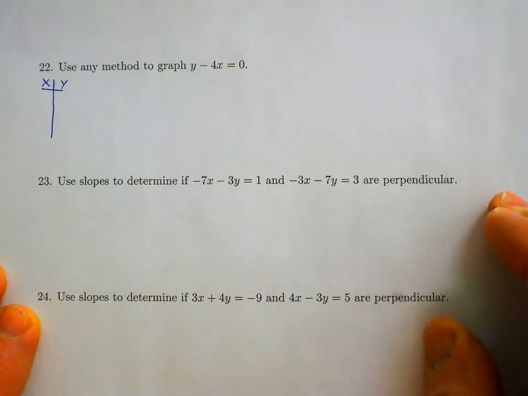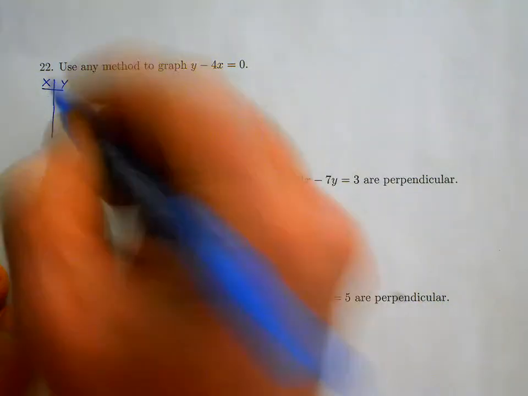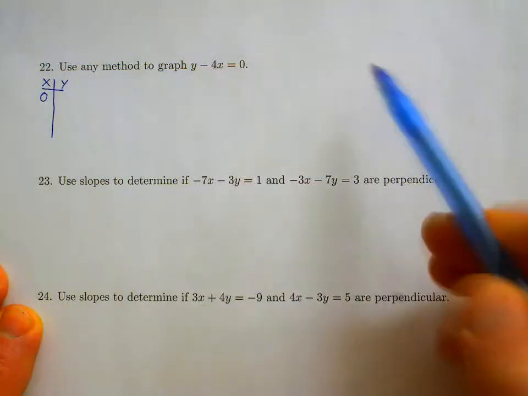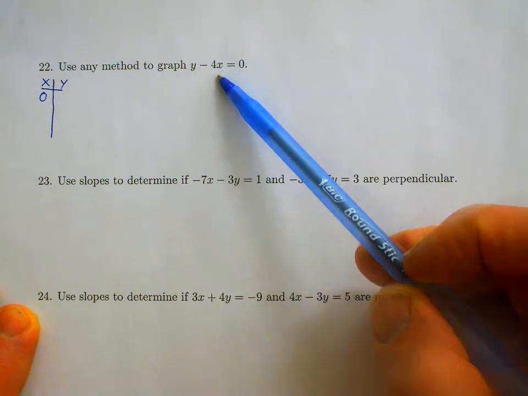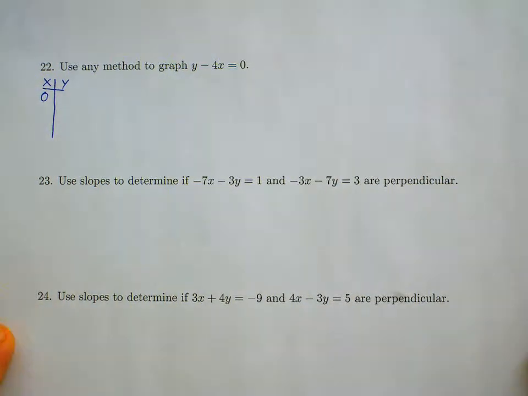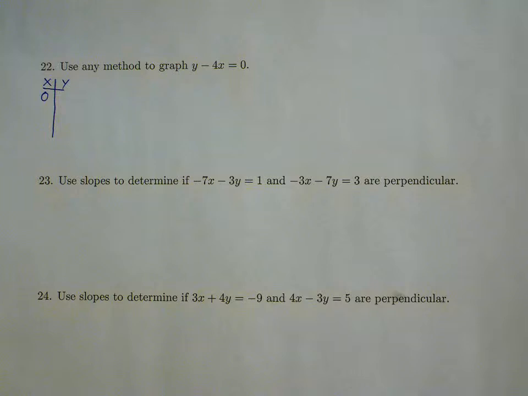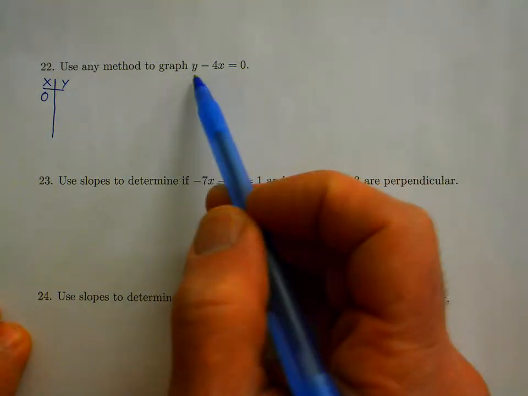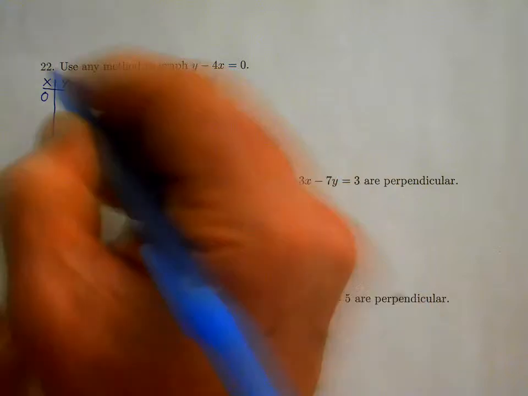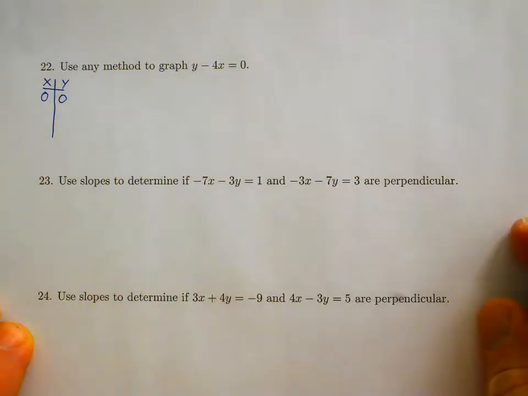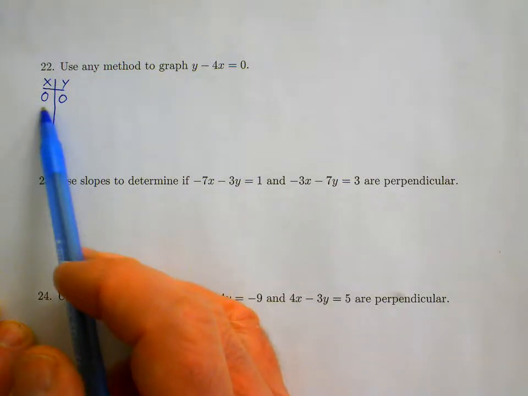To find the y-intercept, we pick x to be 0. And then when we replace x with 0, what's the value of y? Yeah, the value of y is also 0 because y minus 0 equals 0 means y is 0. Okay, so that's the y-intercept.